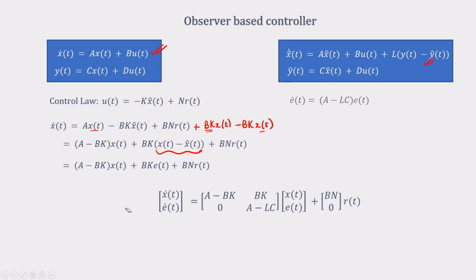Now, notice what is the good thing about this: you can design a K such that the eigenvalues of A minus BK can be placed wherever you want to, and this actually is what we were doing when we were taking u equal to minus Kx plus N r. So, this K helps you to place the eigenvalues of the actual system at a point where you desire. Why was that important?